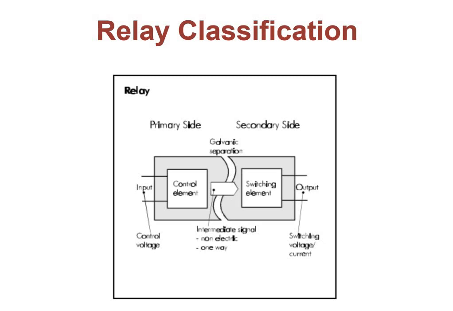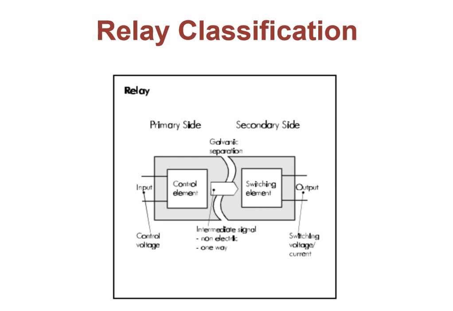These basic relay functions can be achieved in very different ways. The resulting variety of designs can be classified in several groups, such as electromechanical relays and electronic relays, which again can be classified in different ways.